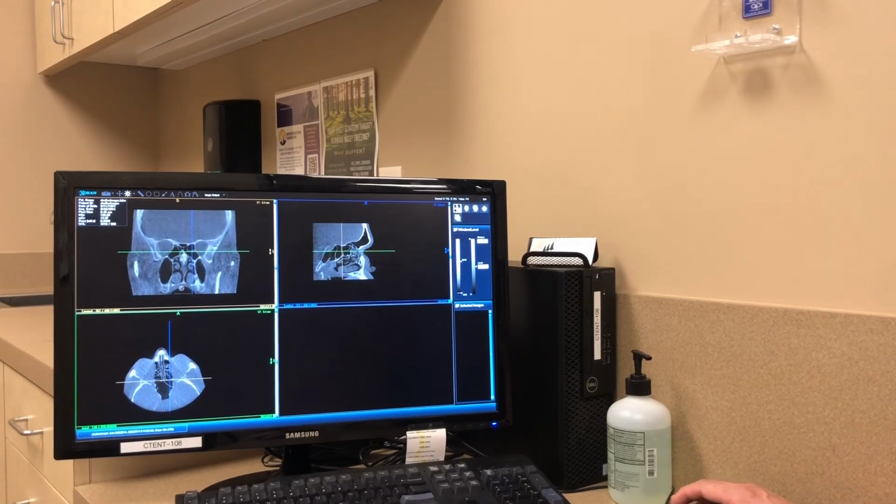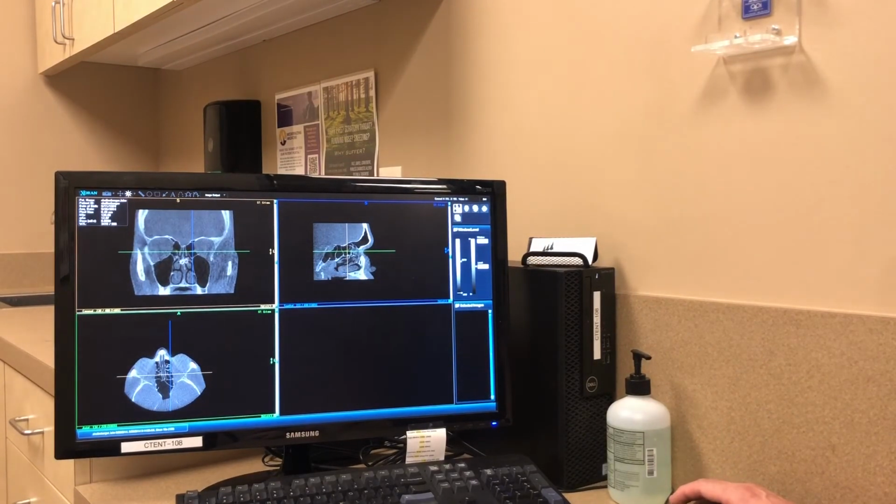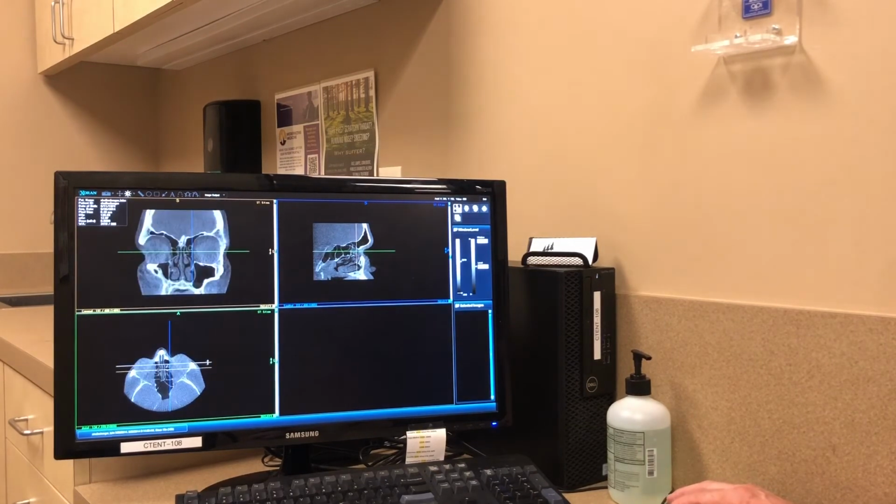Anyway, this is a CAT scan of myself, and a little bit of interesting findings on it, but a CAT scan is something we frequently will do and gives us really good information. But this is also another plane. This is the axial plane here. You can kind of scroll.